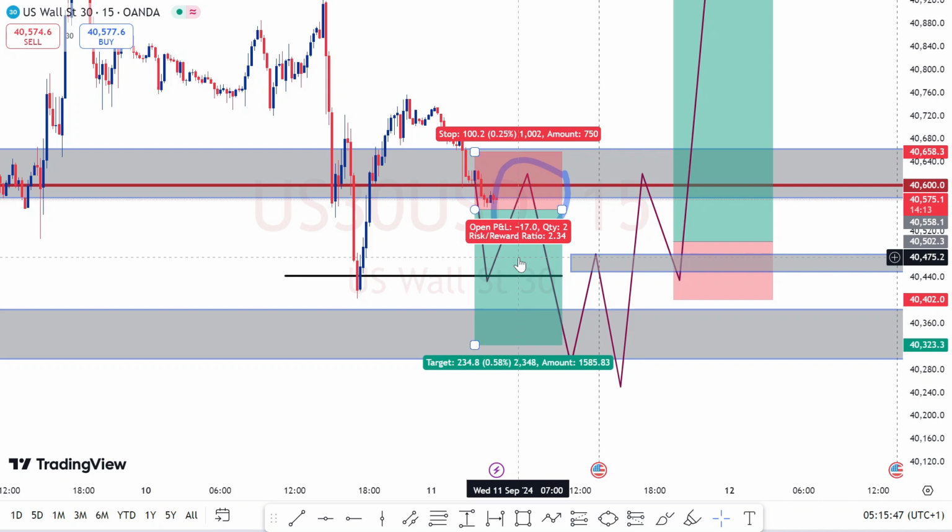Overall, taking the counter trade, we'll be looking to risk 100 pips, targeting 200 pips plus. So this is a 1:2 trade, once price gets to this first.